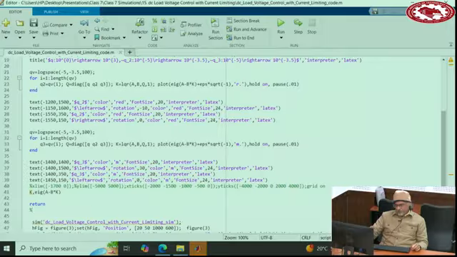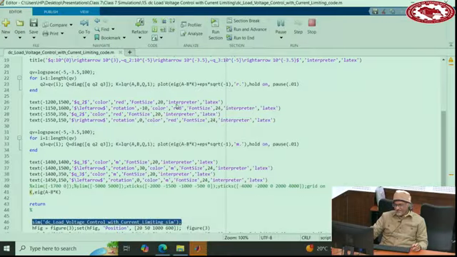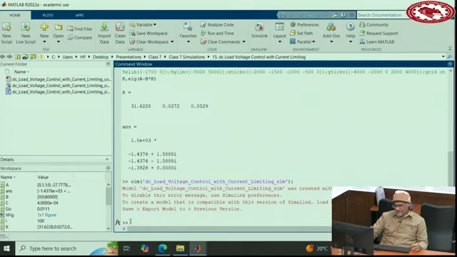I don't think we can run the Simulink. Let me see if it runs. Try at least. Yeah, it gives error, so it doesn't run. So it means that this file, the Simulink file, was generated with a MATLAB which is newer than the MATLAB which is here.